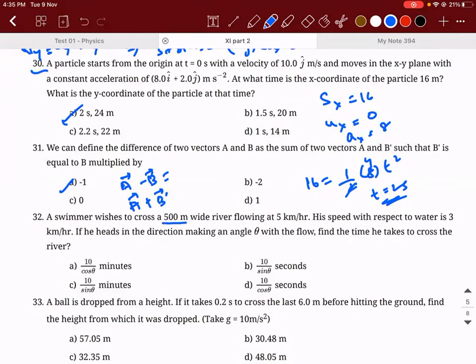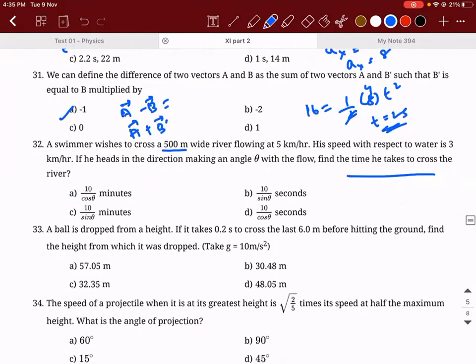So what should I say? So this is the velocity of the man, which is 3 km per hour. And the river is flowing with a speed of 5 km per hour. If he heads in a direction making an angle 30 degrees with the flow, then this will be 3 sine 30 degrees, that is 3 by 2.